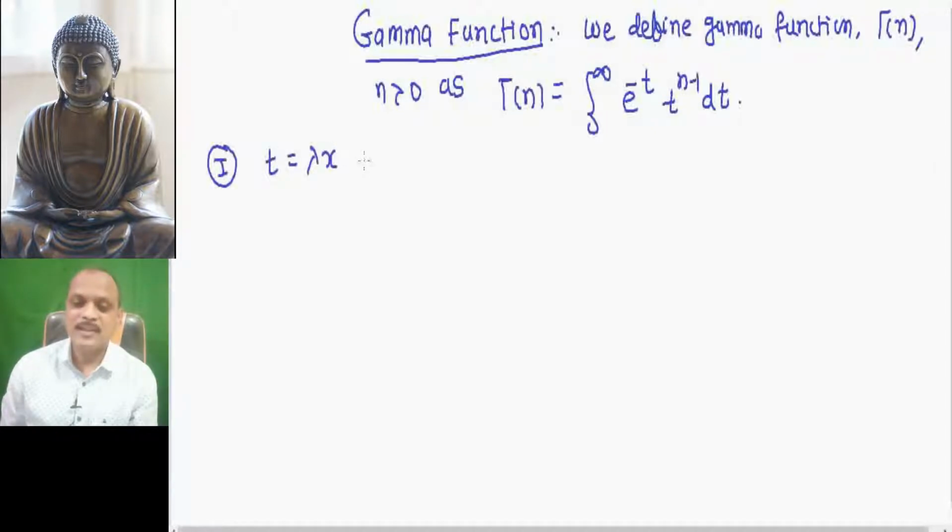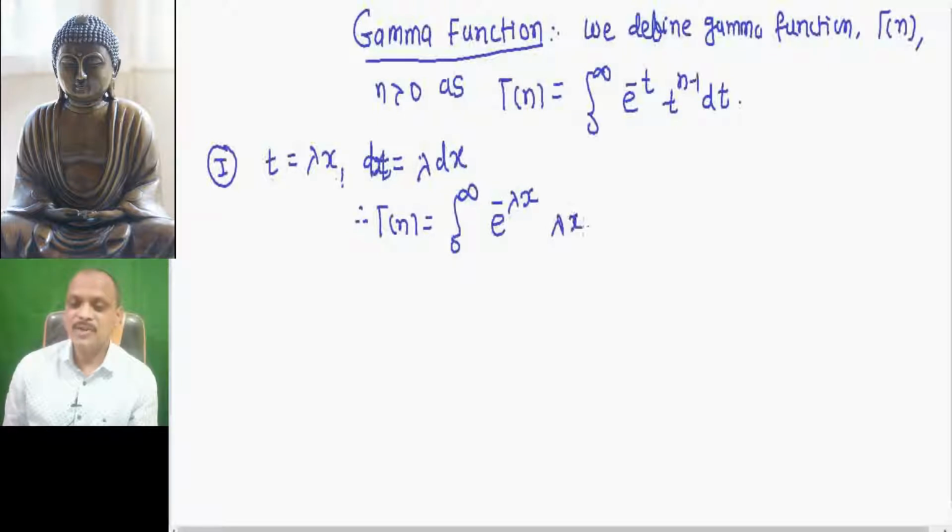Then the limits will be unchanged, since at 0 we get 0, and at t equal to infinity we get x equal to infinity, but the small element dt will change, and it becomes lambda into dx. Therefore gamma of n equals the integration from 0 to infinity of e raised to minus lambda x into (lambda x) whole raised to n minus 1 into lambda into dx.